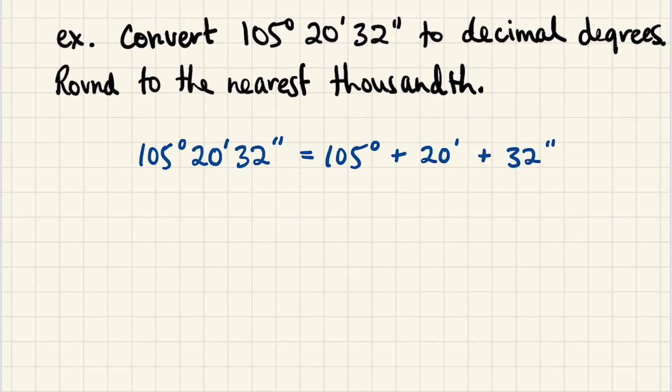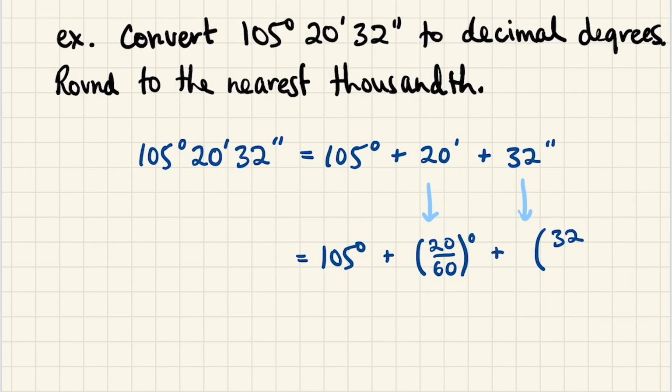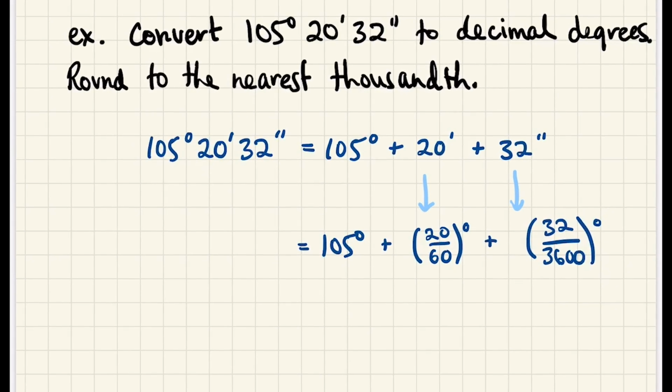Now just convert each one to degrees. So this would be 105 degrees plus 20 divided by 60 degrees plus 32 divided by 3600 degrees, because 1 second is 1/3600th of a degree.